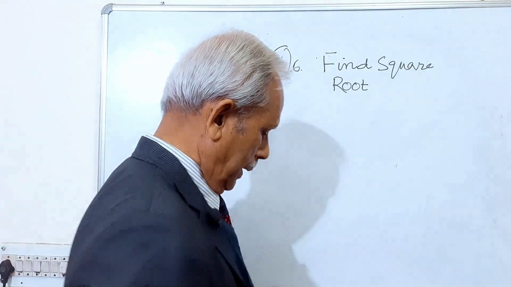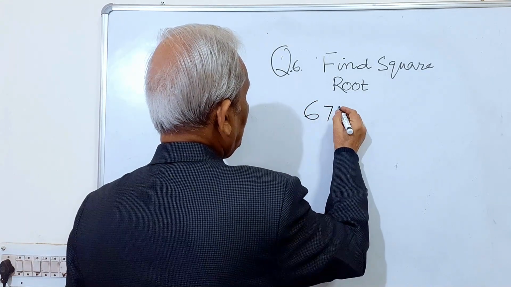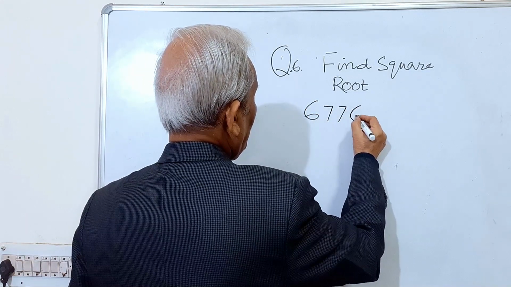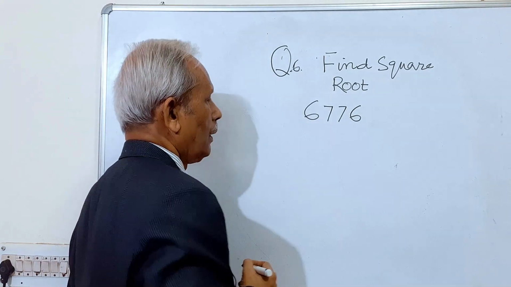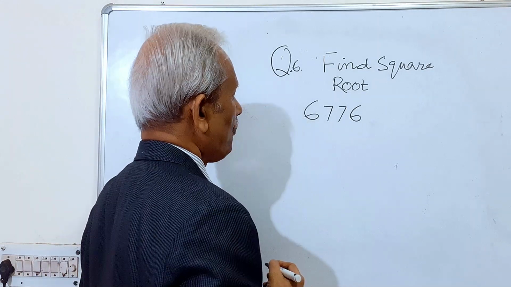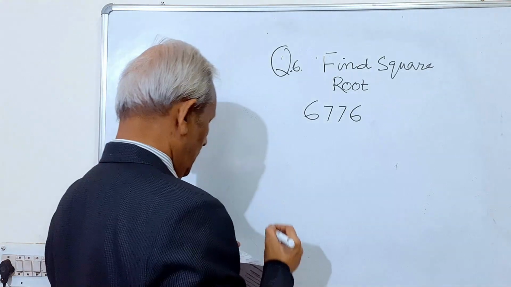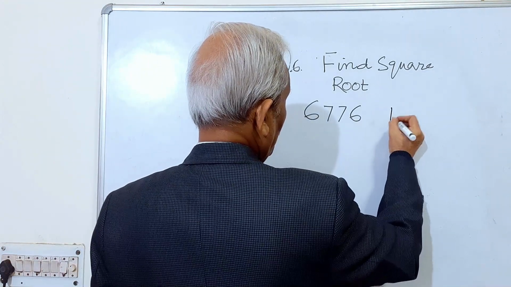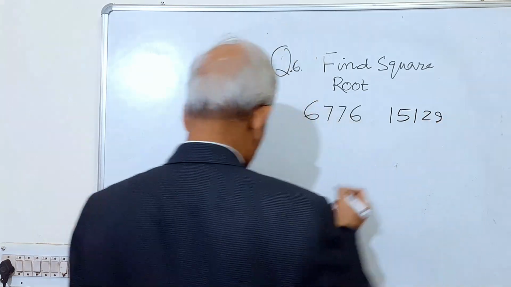Right. So let us find out the square root of 6776. If you remember, you will be able to do it very easily, but I will just write down the questions first. You will do it.